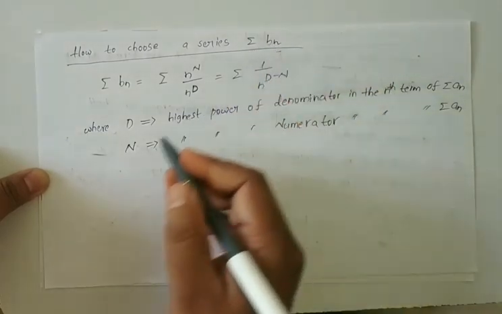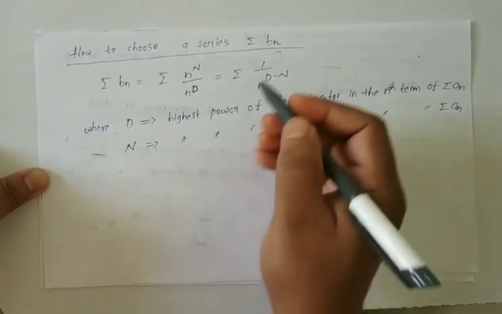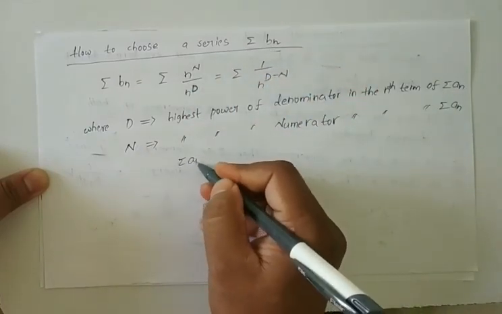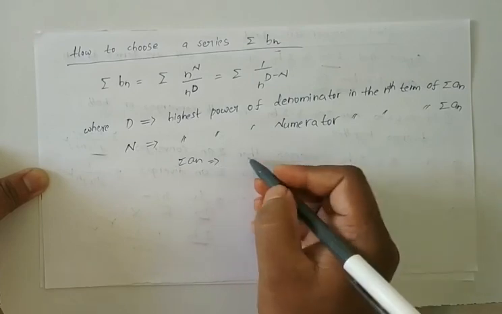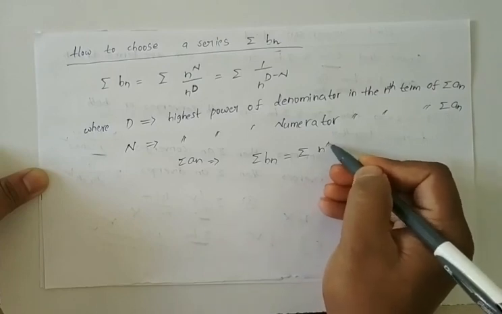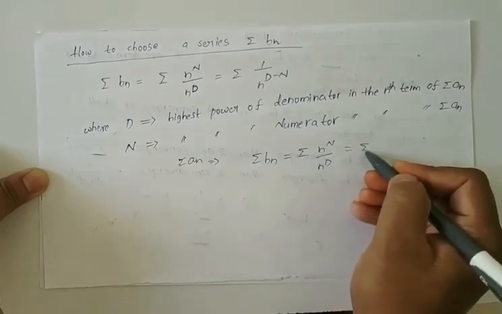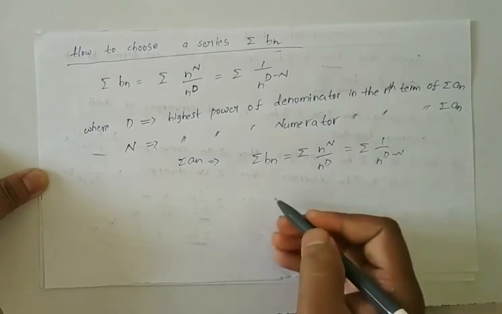If summation an is in the form of a fraction, then we can take summation bn as summation n power N by n power D, which is summation 1 by n power D minus N.